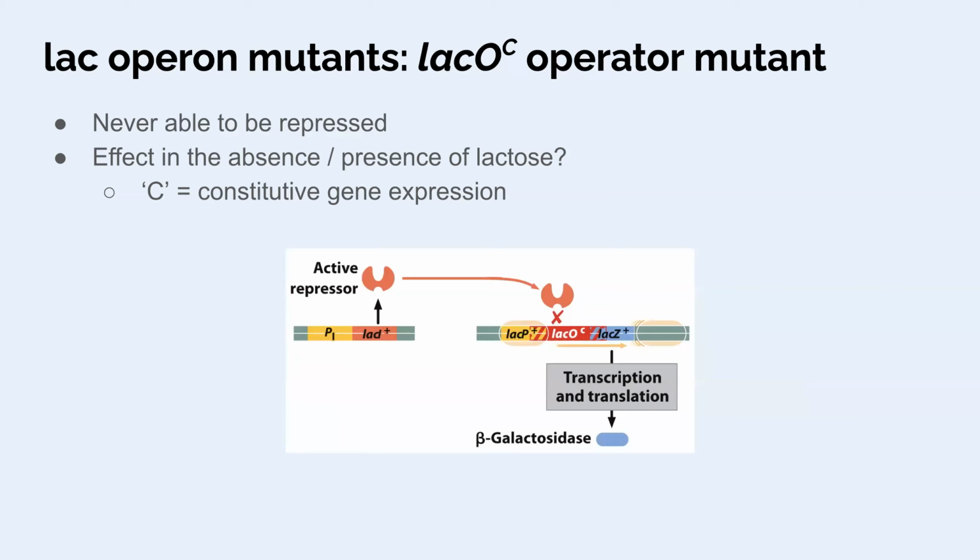And therefore transcription is always on. And that's also related to the name there. This is called LAC-O superscript C. The C there, as I've shown you, stands for constitutive gene expression. So constitutive, otherwise what we've seen as always on, or the so-called housekeeping genes, are constitutive. This causes constant transcription of the operon because it has a mutant that prevents transcription from ever being turned off.